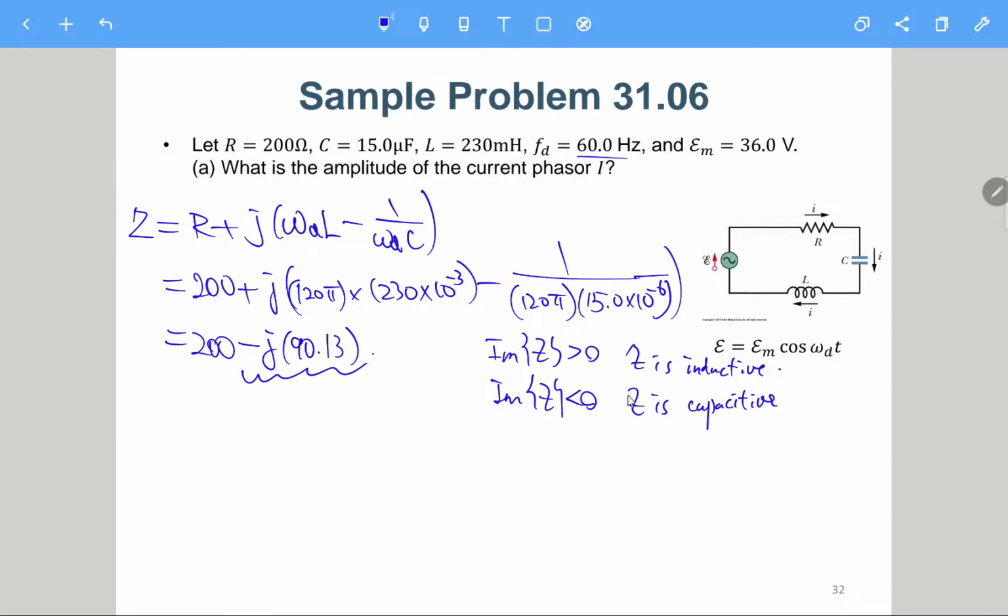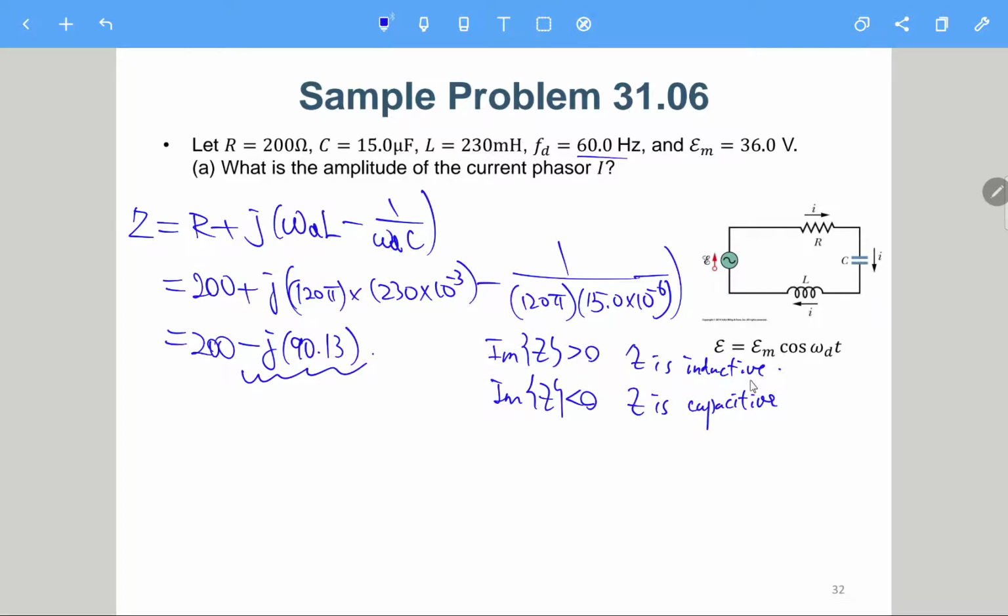And the impedance for the capacitor will be 1 over j omega C, which means that it is actually minus j over omega C. So it will be a negative imaginary part. So we will say if Z has a positive imaginary part, then we will say Z is inductive.